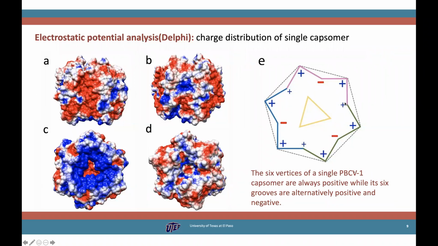But on the other three surfaces, it's generally positive, but not so strong because it has some positive and negative. So it's generally but weakly positive. To simplify the charge distribution of a capsomer, we can use pentagons like this. Sorry, not pentagons, but hexagons like this. And we label the charges in this way.